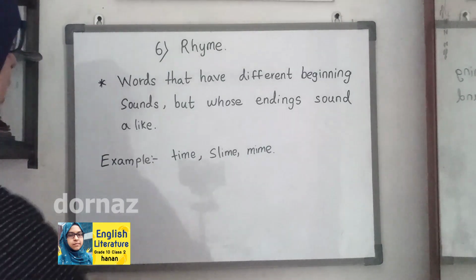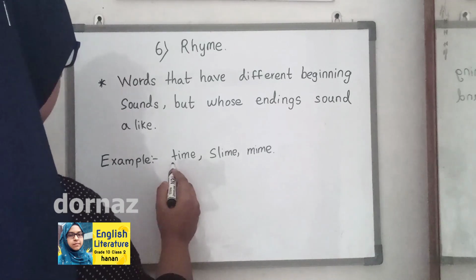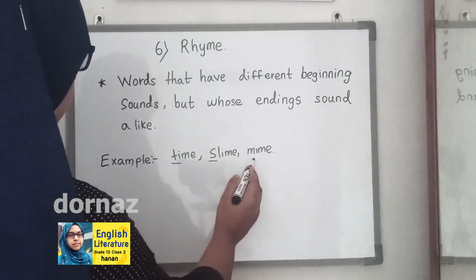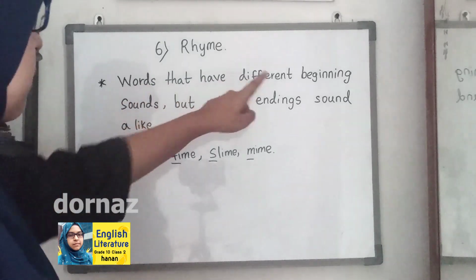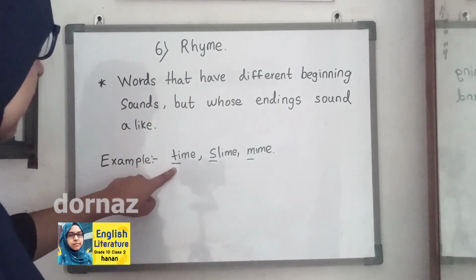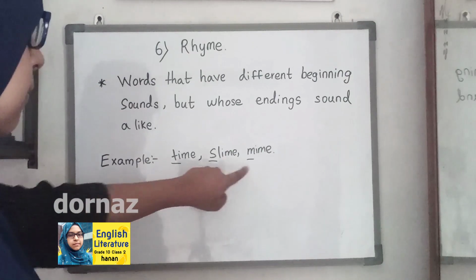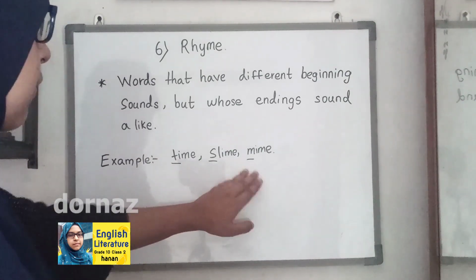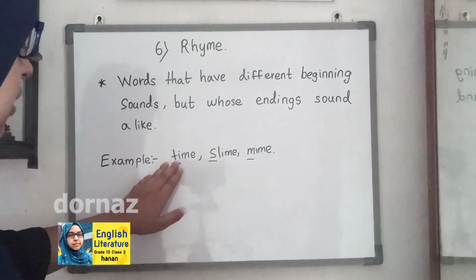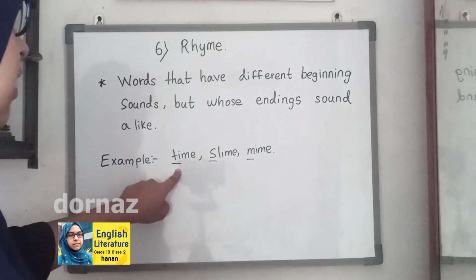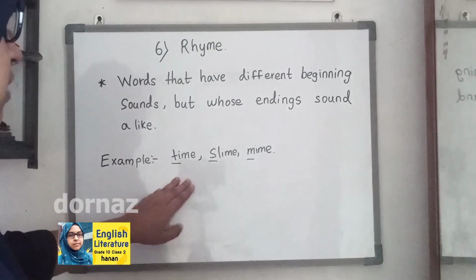But note that the first beginning letter is different. That's why it says words that have different beginning sounds. Time, T, slime, S, mime, M. These are the beginning letters of these words.